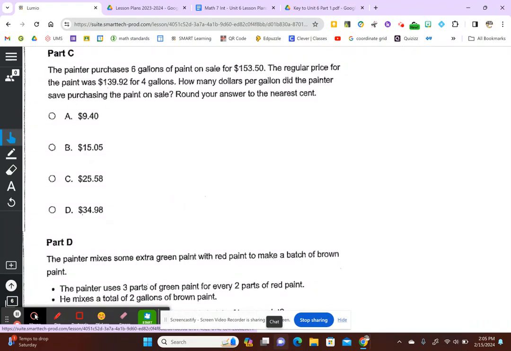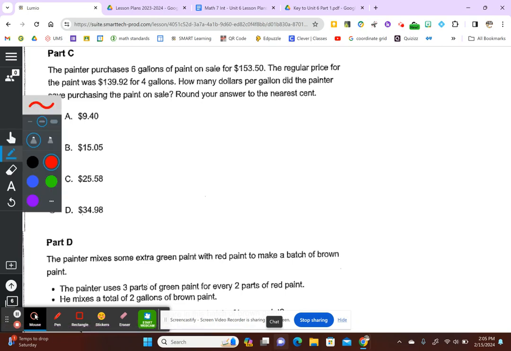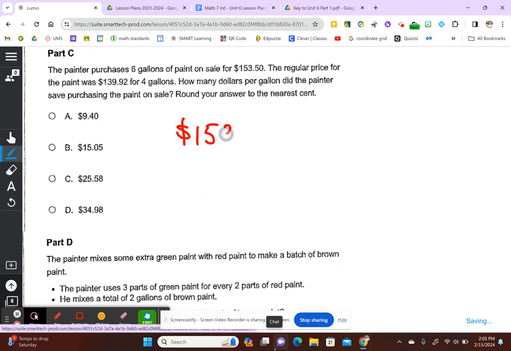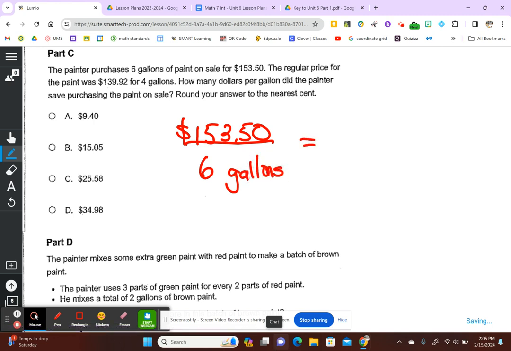Okay, so now let's see the next part of this. It says the painter purchases 6 gallons of paint. Okay, let's make a rate out of this. So for $153.50, he gets 6 gallons of paint. And the regular price for the paint was $139 for 4 gallons. How many dollars per gallon did the painter save purchasing?